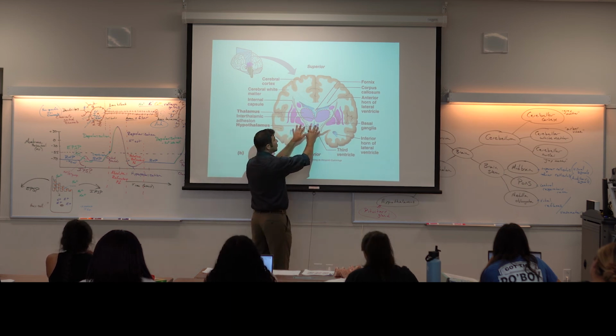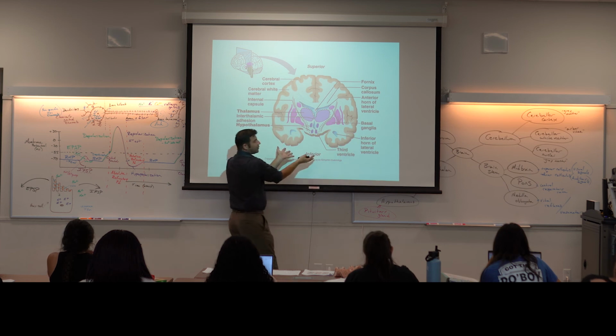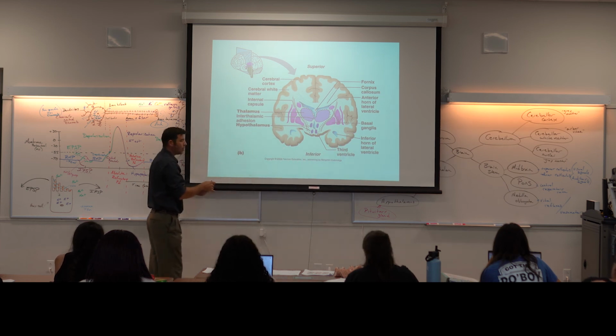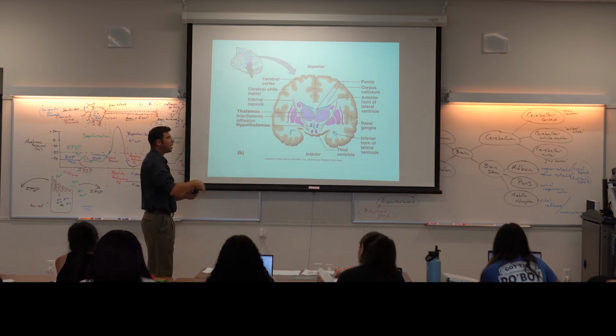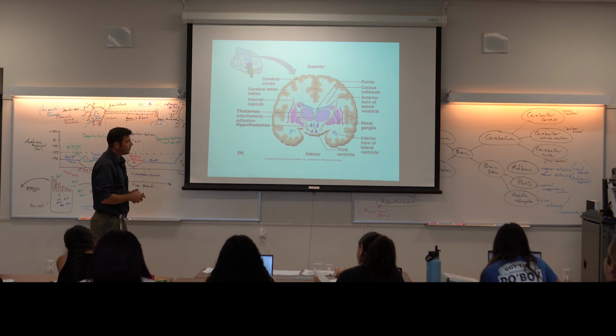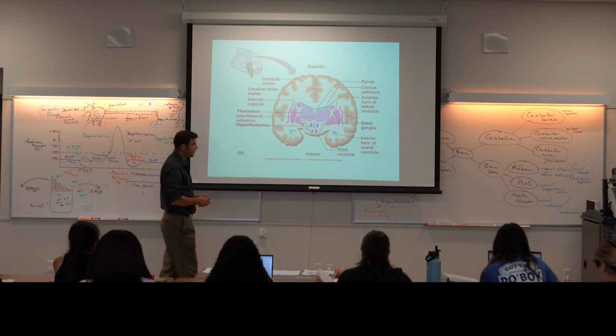It runs through these ventricles, but it also surrounds the outside of the brain and the outside of the spinal cord and allows those to kind of float in a column of fluid. So that fluid runs through these ventricles and also around the perimeter of the brain. Anyway, we'll look at the ventricles in just a second.